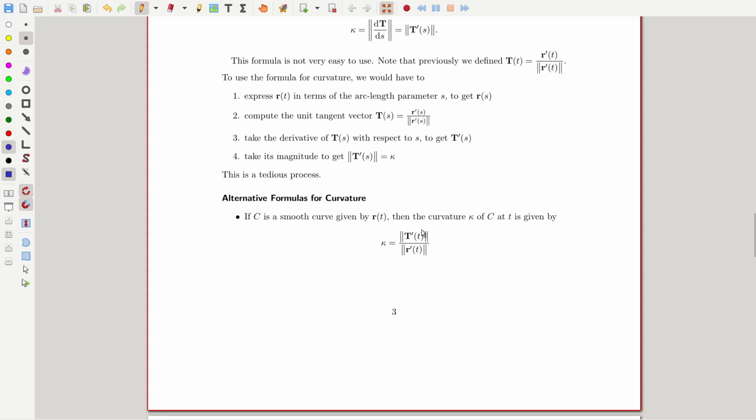So what you can do is construct T of t, take its time derivative, and then take its magnitude, but then divide by the magnitude of r prime, which is something that you would have computed previously, because that's something that you need to do to construct T of t. Okay, so that is one possible formula.